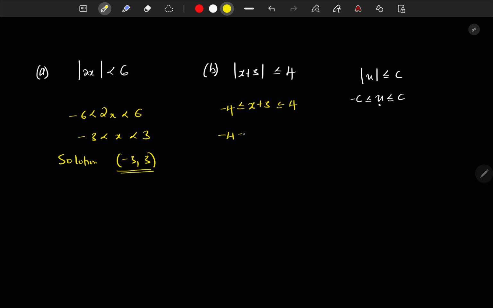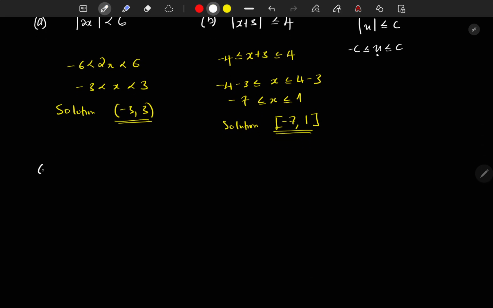We are going to have negative 4 minus 3. If I remove 3 here, this becomes just x. This becomes 4 minus 3, which will give me negative 7 less than or equal to x less than or equal to 1. Meaning that our solution lies between what? Interval. Now in this case, because there's an equal sign, negative 7 is included, and 1 is included. That is our solution.